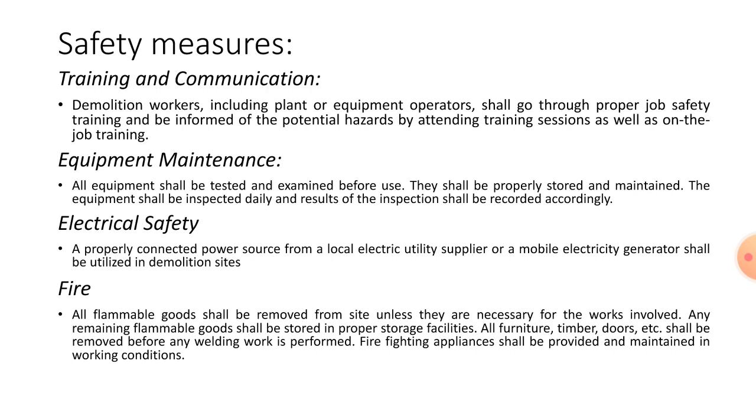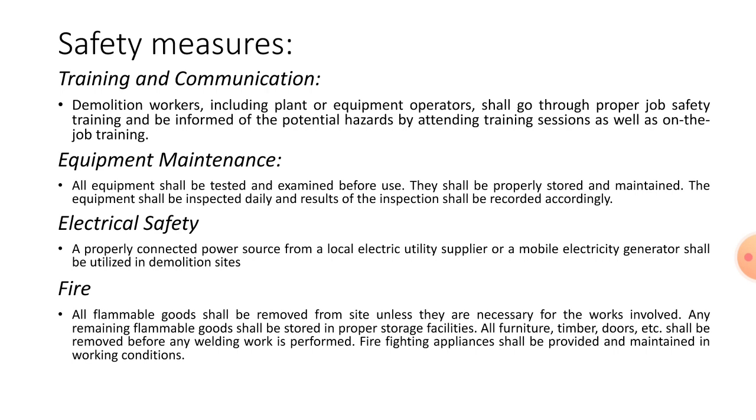Then electrical safety: a properly connected power source from a local electrical utility supplier or a mobile electricity generator shall be utilized in the demolition sites. Well-organized electrical appliances must be used, because it's a major safety matter. If this is not followed, there can be major accidents, like electrical shocks and short circuits. So this is a major safety measure.